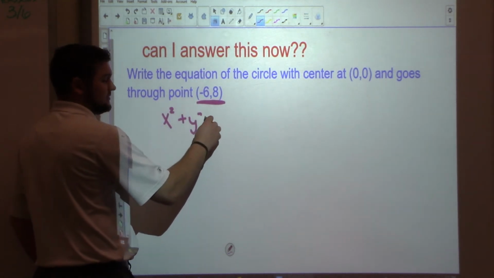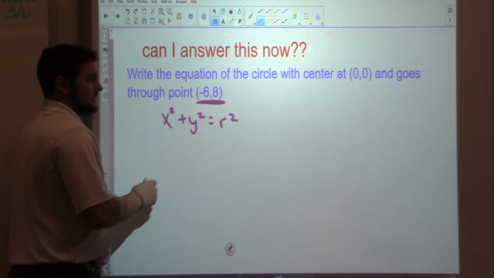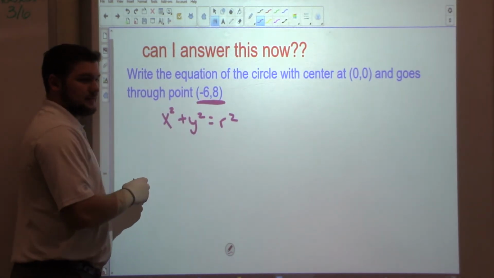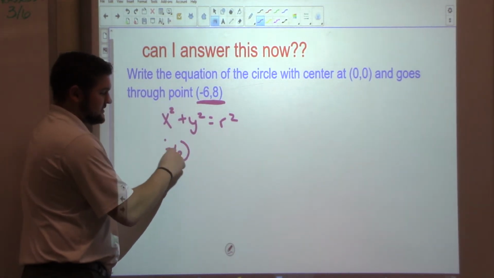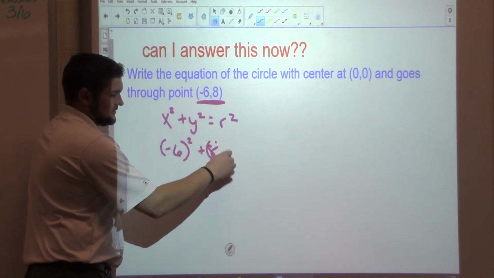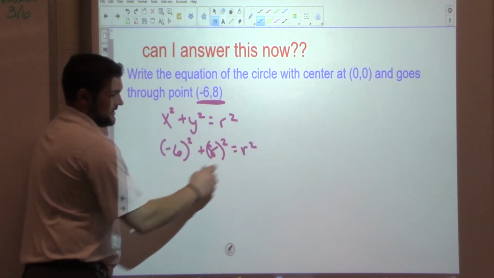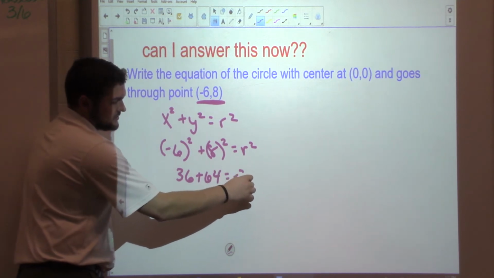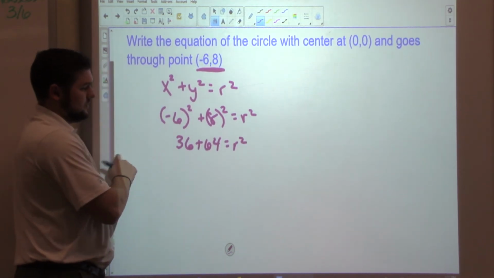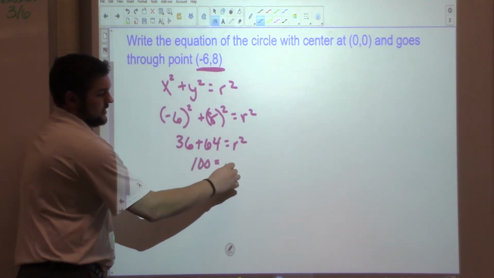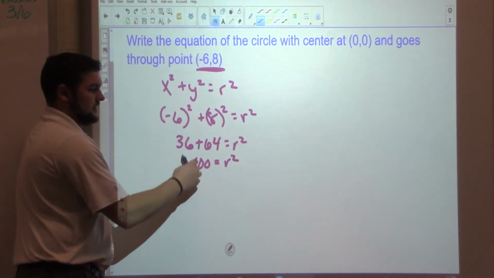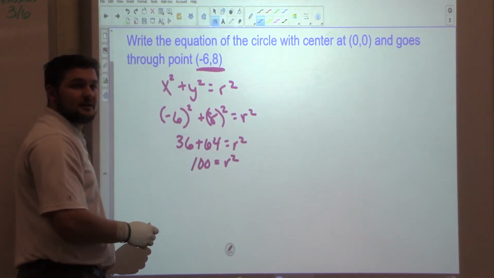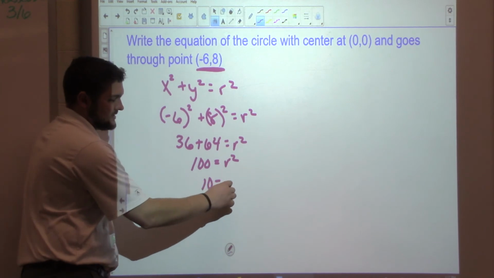x squared plus y squared equals r squared. Well, plug in your x and your y. Negative 6 squared plus 8 squared equals r squared. Or 36 plus 64 equals r squared, which would be 100 equals r squared. If I take the square root of 100, what do I get? 10. So my radius is 10.